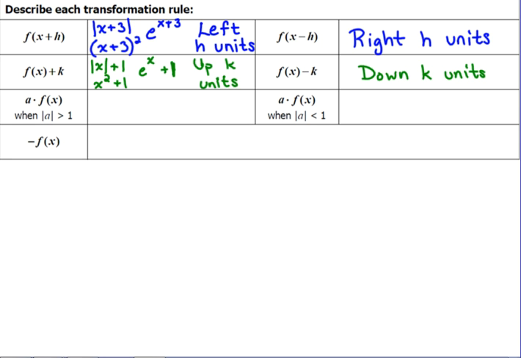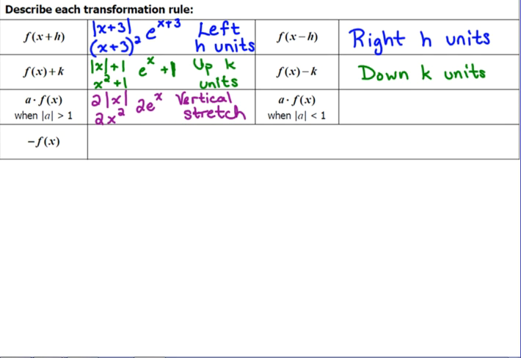A times f of x. We're multiplying our function by a constant. So 2 times the absolute value of x, or 2x squared, or 2e to the x. That says when the absolute value of a is greater than 1, so when we've got a number bigger than 1, that's going to be a vertical stretch, because you're multiplying all your y values.